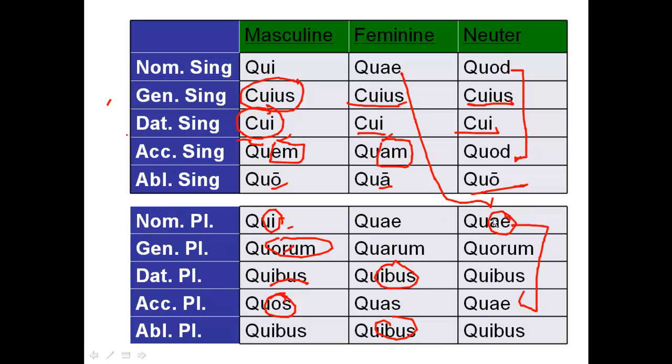You can also look here, quae, because it's a neuter noun, has the same nominative and accusative, and so it's going to be ae. The other forms, the ibus and the orum, you could predict. So hopefully that was a helpful overview of how some of these forms work. Again, this is something that you're just going to practice, and the more practice you do, the easier it is to memorize.